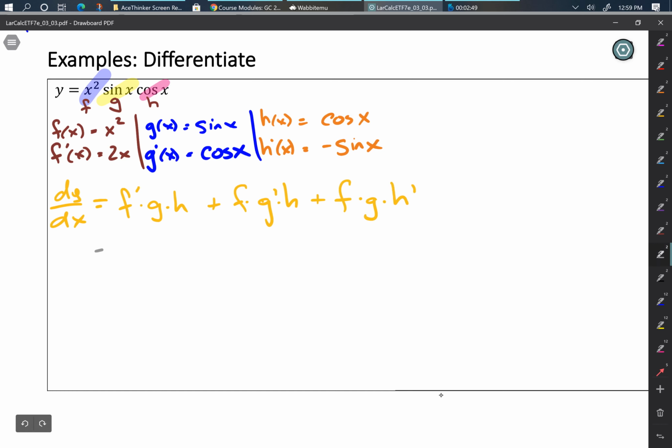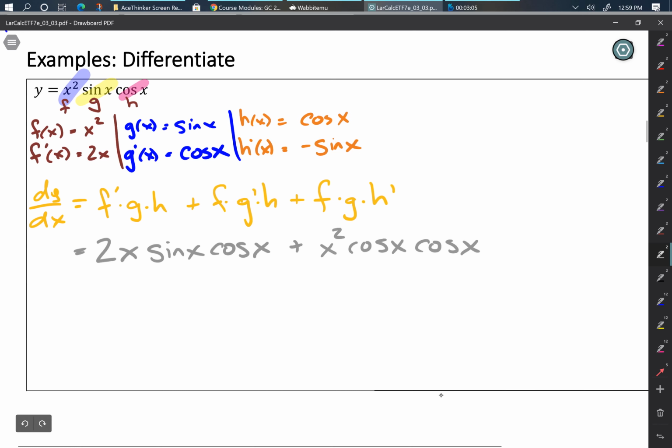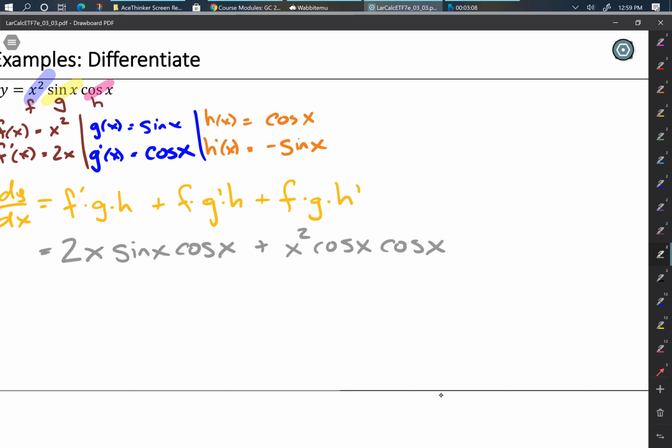And then putting it all together, 2x times sine times cosine plus x squared times cosine times cosine plus, actually I'm going to recognize that there's going to be a negative in here. Okay? So plus, let's see, f was x squared, g was sine, and then h prime is a negative sine x.